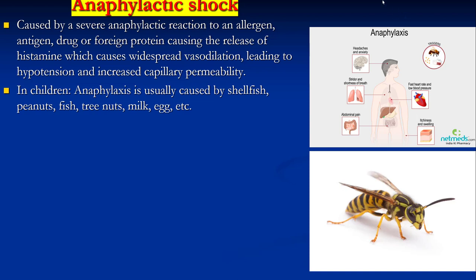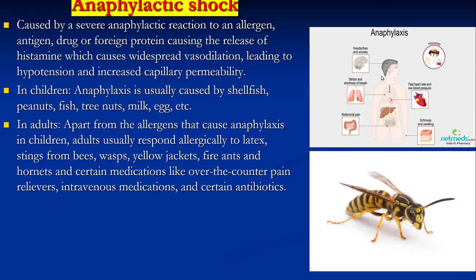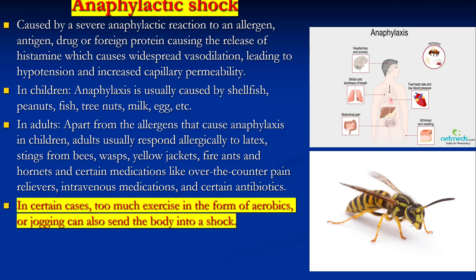In children, anaphylaxis is usually caused by shellfish, peanut, fish, tree nut, milk, egg, etc. In adults, apart from the allergens that cause anaphylaxis in children, adults usually respond allergically to stings from bees, wasps, yellow jackets, fire ants and hornets, and certain medications like over-the-counter pain relievers, intravenous medication, and certain antibiotics.